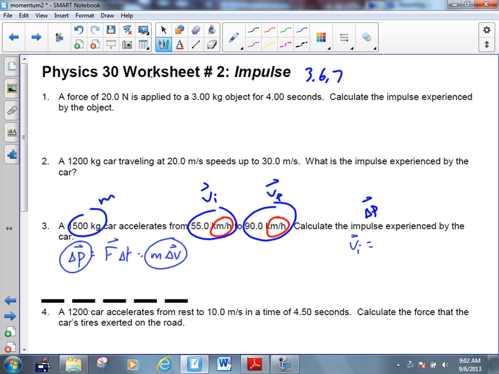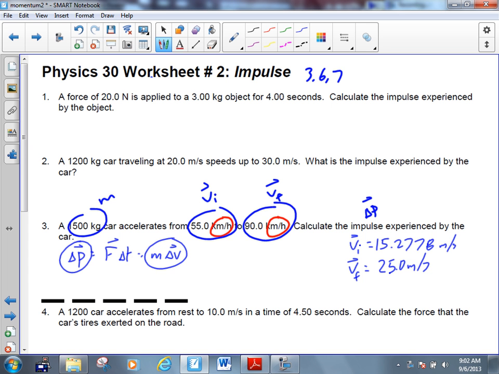What is that conversion? 55 divided by 3.6, good. 55 divided by 3.6 is 15.2778. Good, let's go to 4 or 5 decimal places like we have here. 15.2778 meters per second. And VF, I believe, is 25 meters per second.